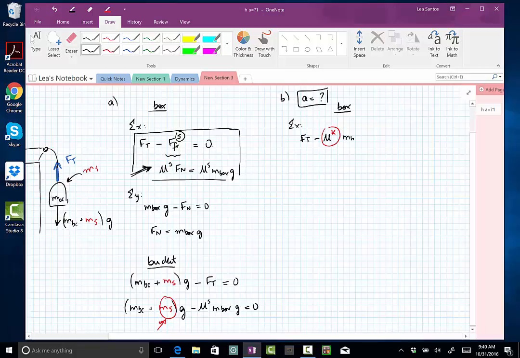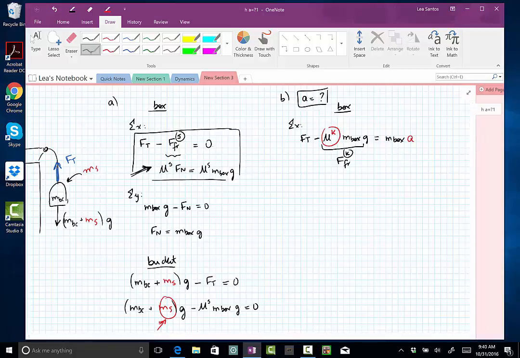Then we have the mass of the box, g. So this whole thing here is the friction force, but kinetic. And this is equal to, now we do have acceleration, so we have to put m box a. And this a is positive because we are going to the right and we chose right to be positive.